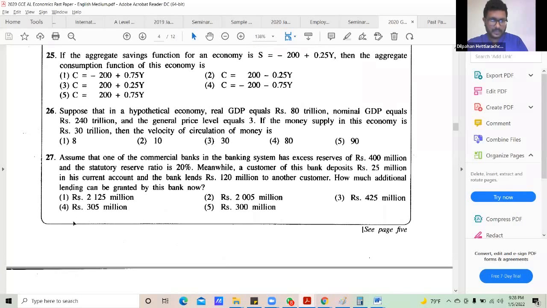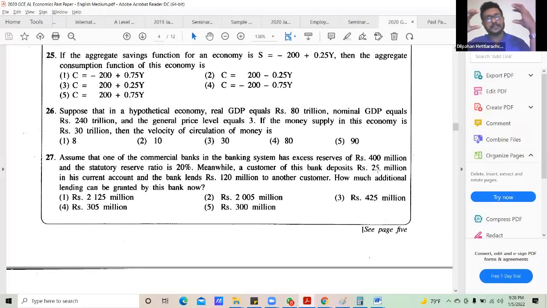Okay. So we'll do the calculation. Assume that one commercial bank in the banking system, so one bank, has an excess reserve of 400 million and a statutory reserve ratio of 20%. SRR is 20%. Meanwhile, a customer of this bank deposits 25 million.